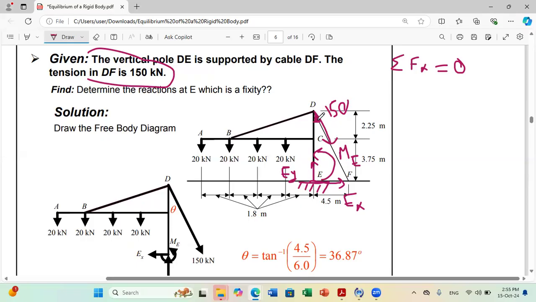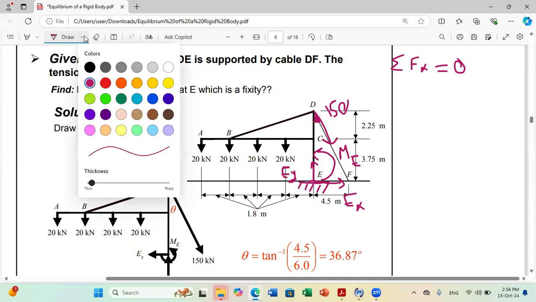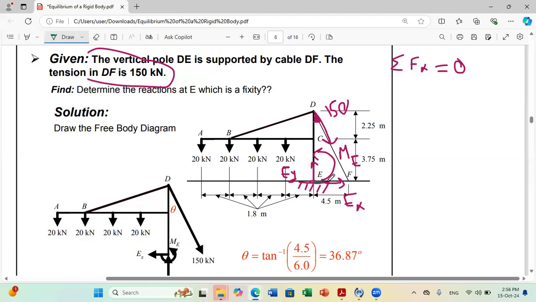To calculate this angle, if you look at your figure, from the geometry of your figure, this distance is known. So you know that the distance here is 4.5, okay? And this one in the vertical direction, you can calculate it. In the vertical direction, you have 2.25 plus 3.75, so you have 6 meters.